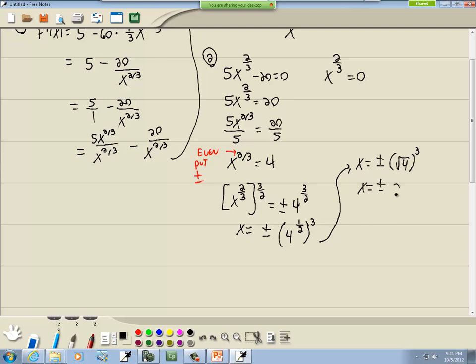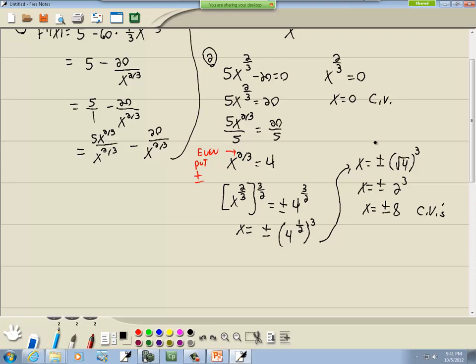And the square root of 4 is 2, so we get 2 to the 3rd, which gives us plus or minus 8. And those are critical values. Now our other one, x to the 2/3 equals 0. Whenever you have x to a power equal to 0, you can just drop the power. So this is just x is equal to 0, and that's also another critical value.